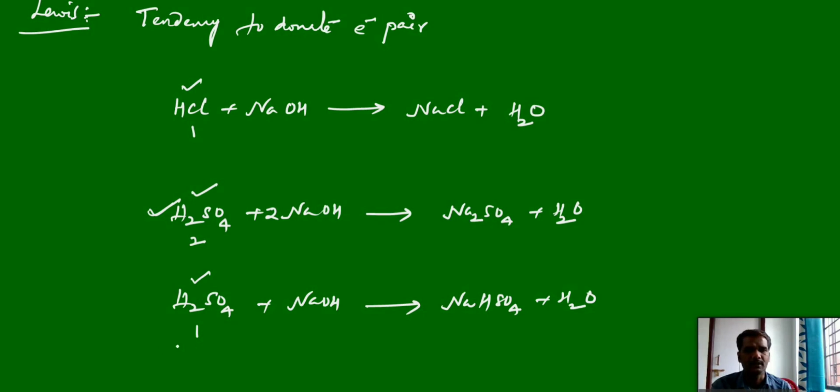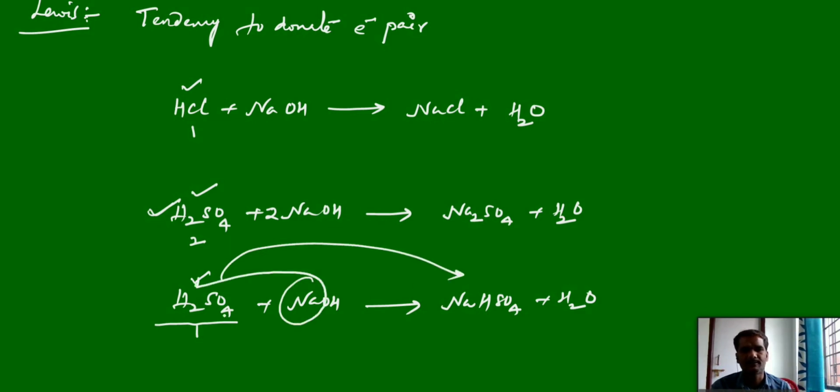Why? Because according to the definition, basicity means the number of replaceable H plus ions. Now if you see here, H2SO4 replaces only one H plus, one hydrogen replaced by sodium, even though it has 2 hydrogens. In this particular reaction the number of protons replaced is 1 only. So it can act as a monobasic.